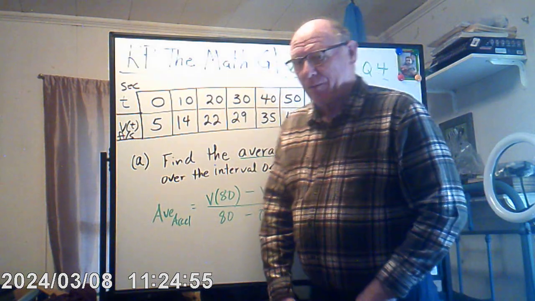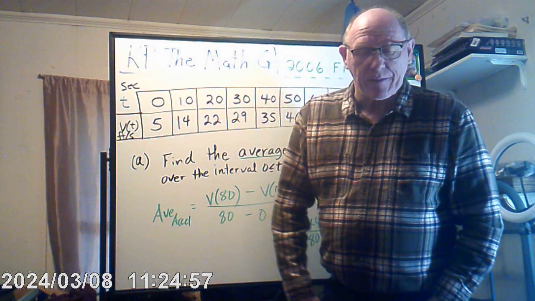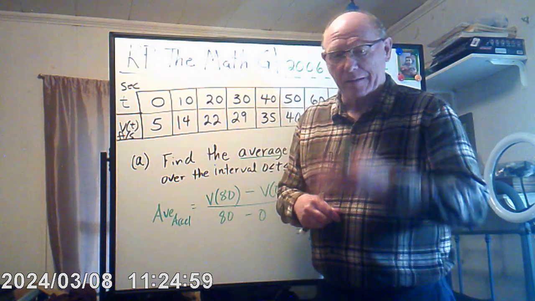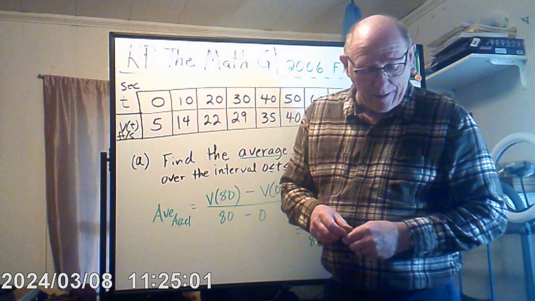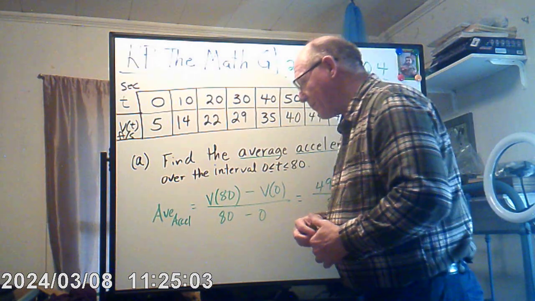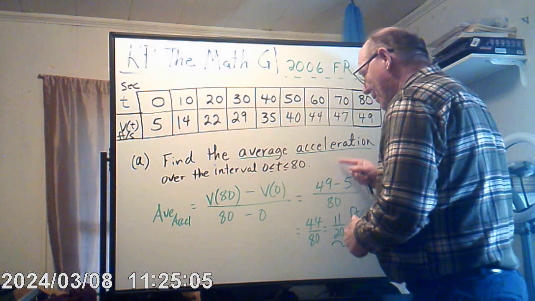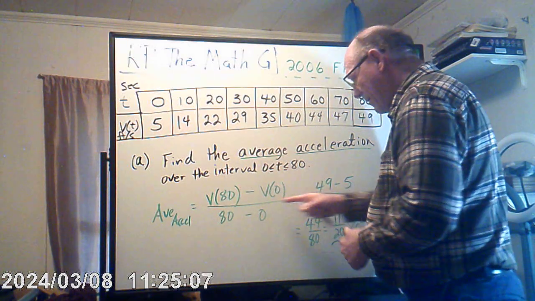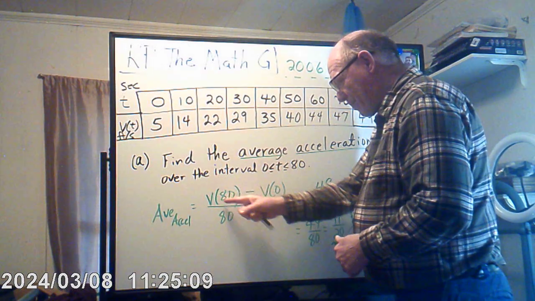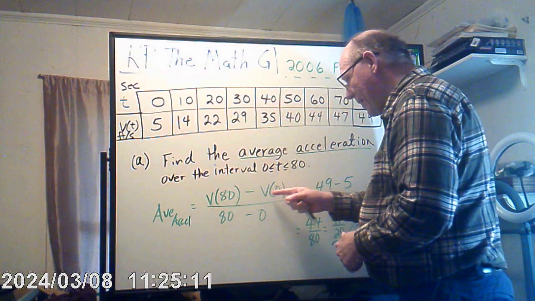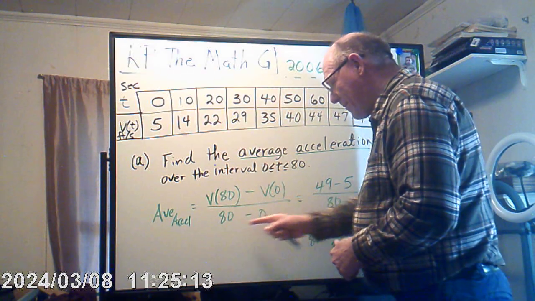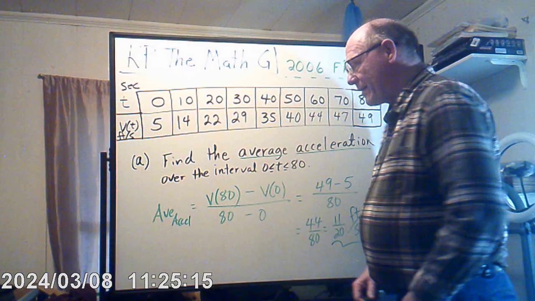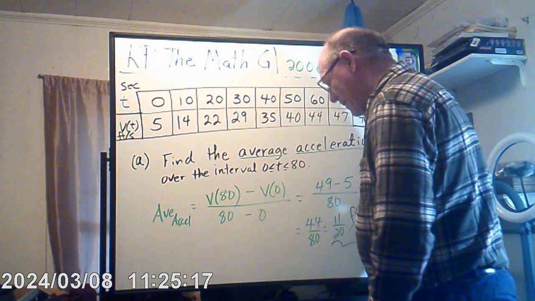Later on you get a point for the units, throughout the entire questioning, and that's it for the A part. Average, always v at B minus v at A over B minus A. Immediately know to do that.